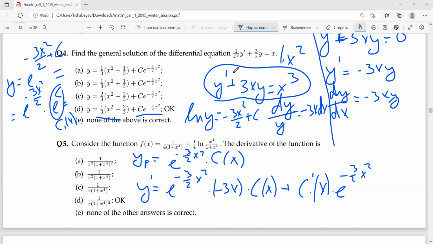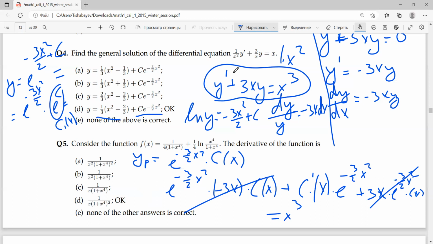So here it will now be plus 3x times e to the power of minus 3 over 2 x squared times c of x. You can see they are cancelled, this one with this one. Is it clear? And it equals x cubed.